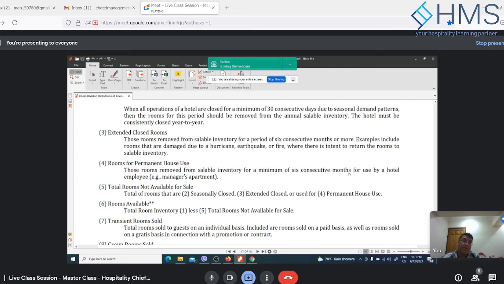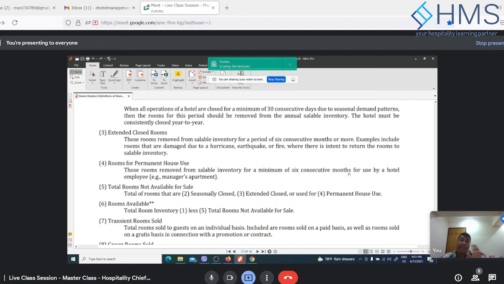But if, let's say, we are going to have an operator, as an owner of the property or as the owner's representative, I would ask the operator: whenever you want to remove any particular room inventory from available sale, you have to get our approval first, because whether we are going to renovate or close is the owner's decision, not the operator's decision.